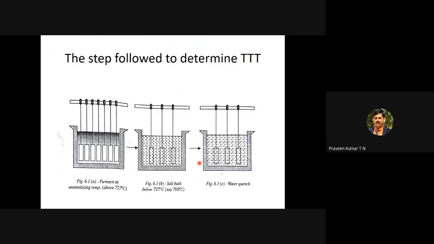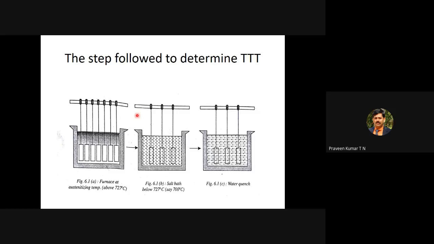Instead of saying alpha plus Fe3C, from now onwards I am saying pearlite. Once you say pearlite, you have to remember it consists of alpha plus Fe3C. Now I don't use alpha plus Fe3C. Now I am using the pearlite. There is a transformation from austenite to pearlite.